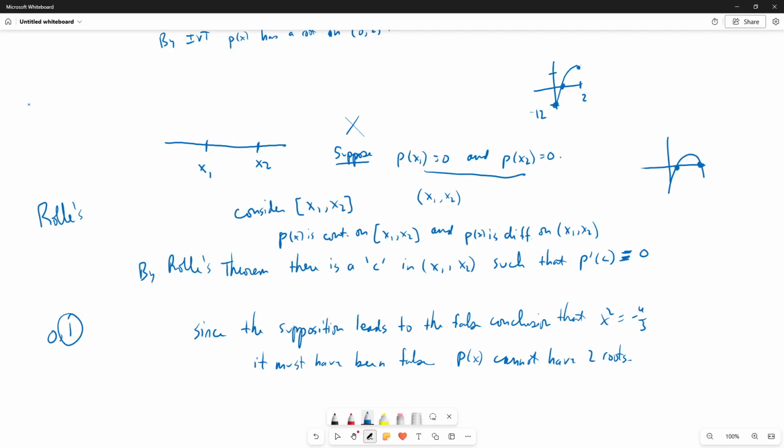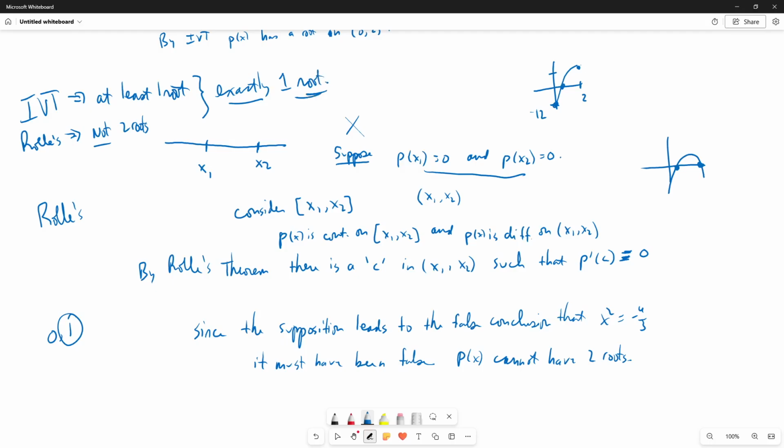So to recap, the IVT implied that there was at least one root, and then Rolle's theorem was used to show that there are not two roots. So if there's at least one but not two, then putting those together, there is exactly one root. And that's what we wanted to conclude.